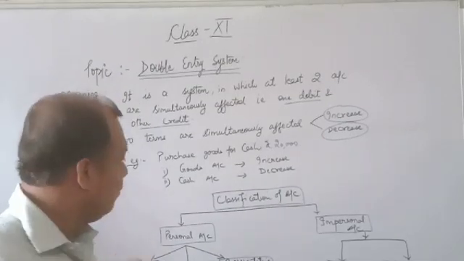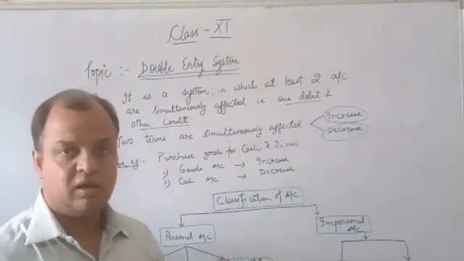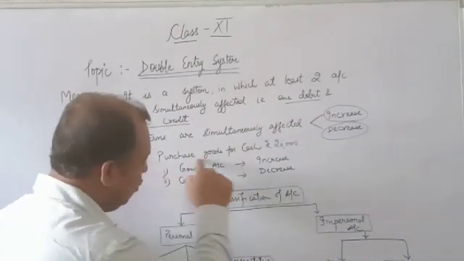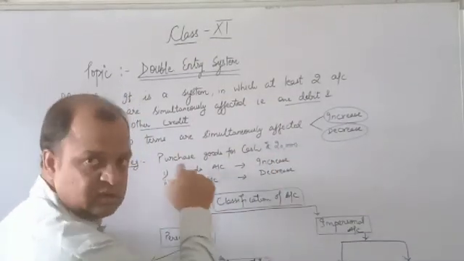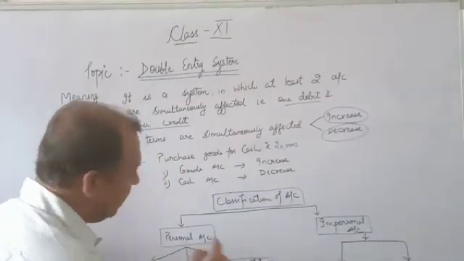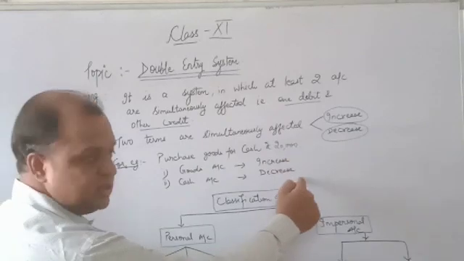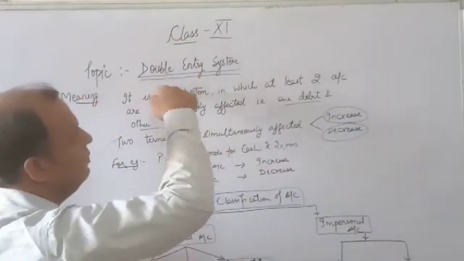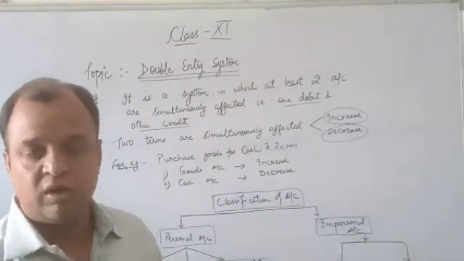So what does the conclusion say? Two accounts, that is goods and cash, in one transaction have been affected by the increase and decrease effect, which is termed the double entry system of accounting.